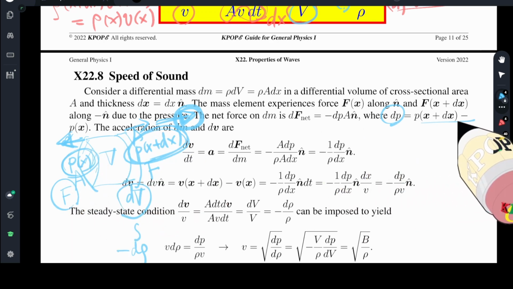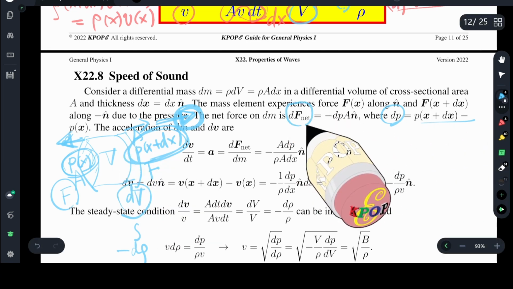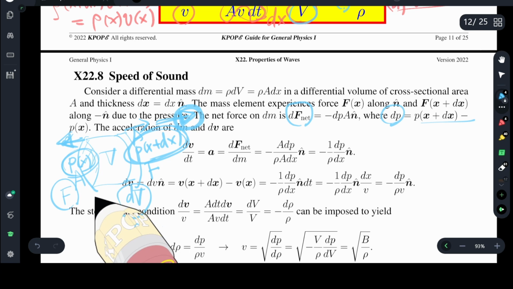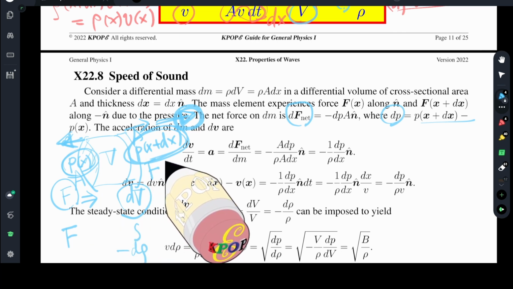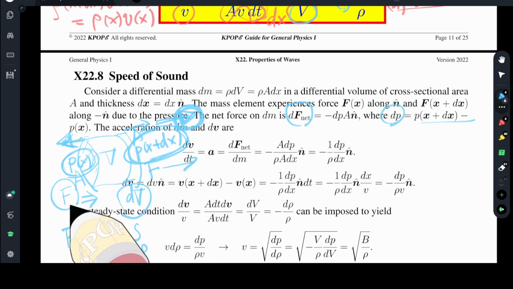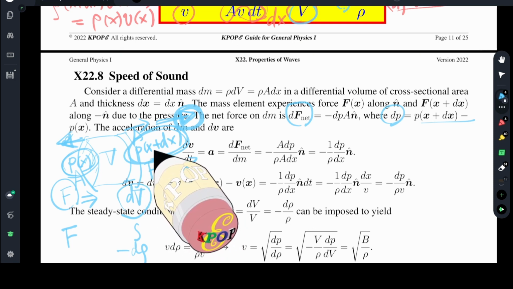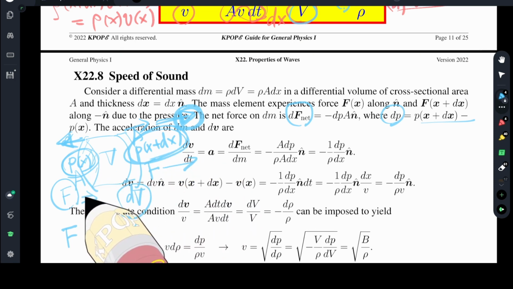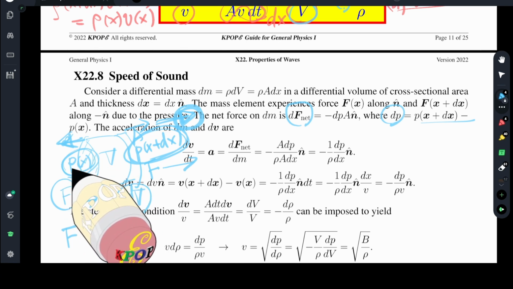The net force is this F, F on the right at x plus dx, and F on the left is A times p of x.